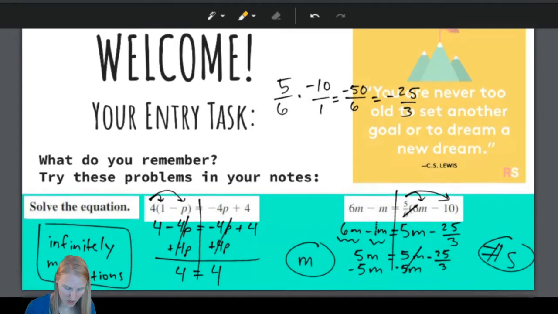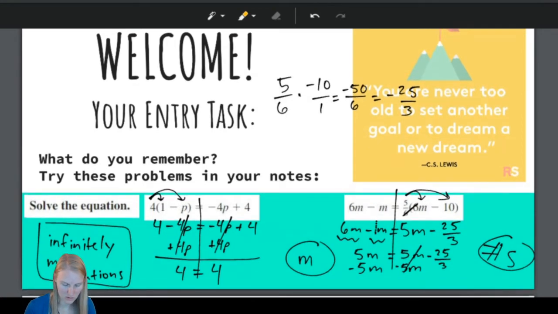And now I will get 5m minus 5m is 0. So I have 0 equals negative 25 thirds. Wait a minute. Is 0 equal to negative 25 thirds? Is 0 equal to anything that's not 0?